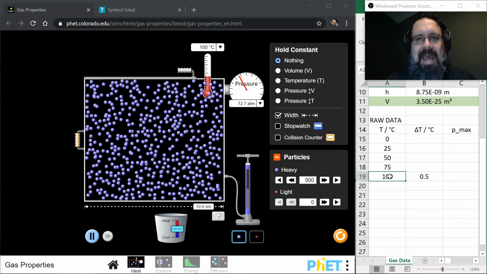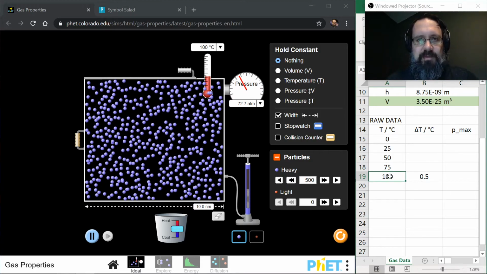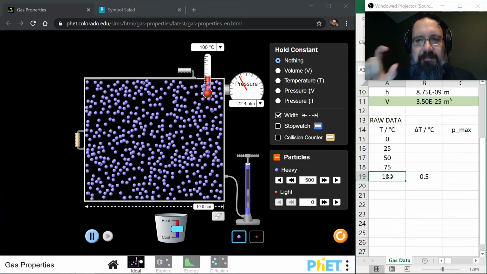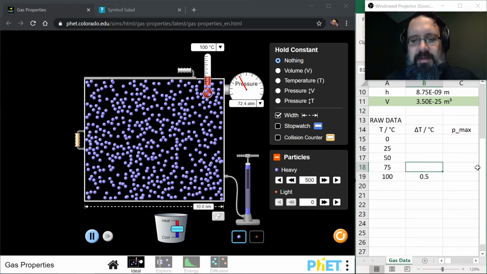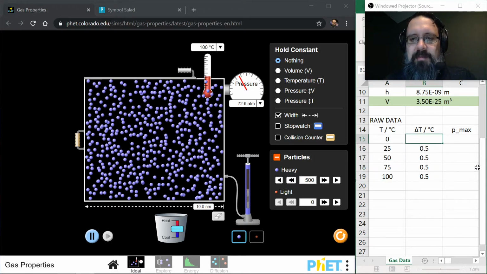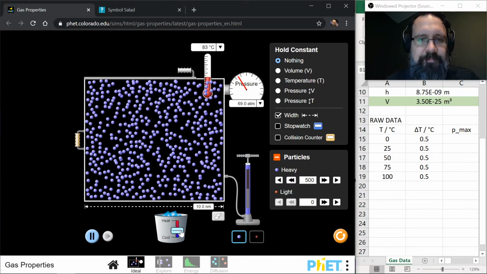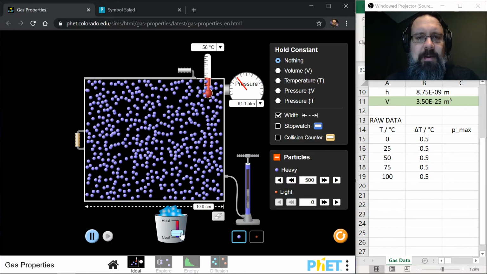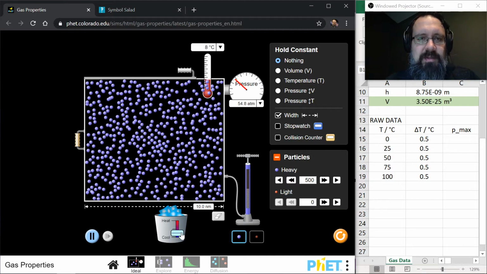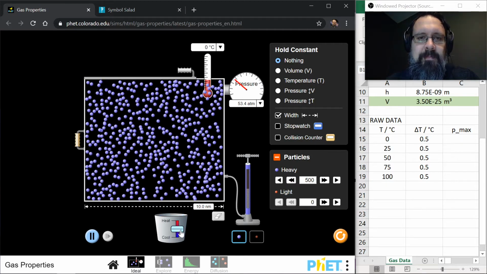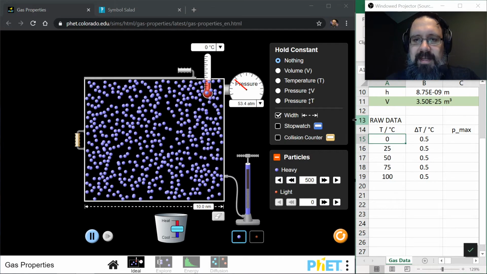If you add 0.5 to this or subtract 0.5 from this, we're definitely within that range. And it's going to be that way for all these temperatures, because none of these temperatures are ever going to have a decimal point on them. As I descend through all the temperature values that we're going to use, you'll notice there are no decimals anywhere. Going to 0 because I'm going to start my data collection.